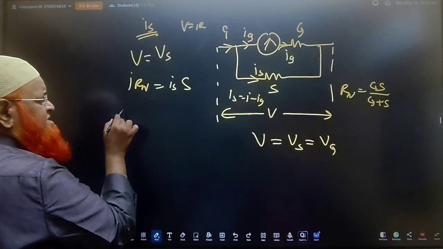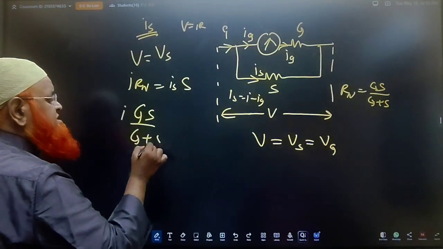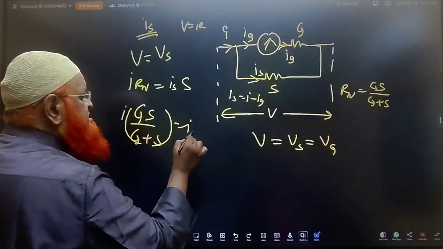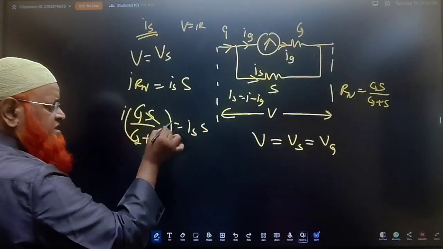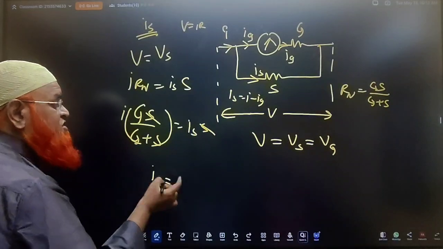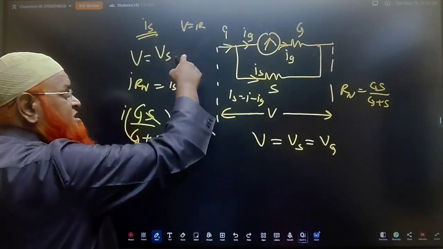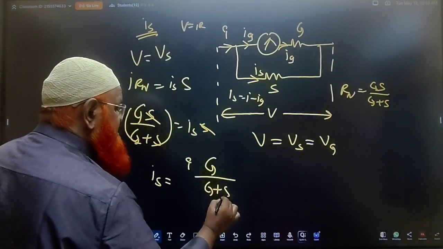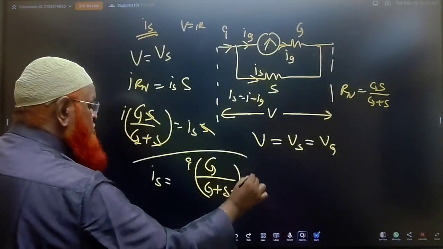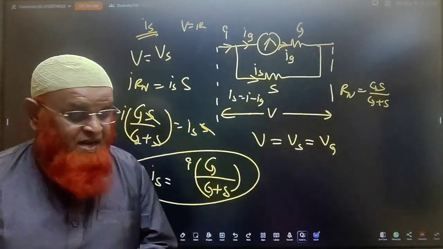So I into R net is nothing but GS by G plus S, which is nothing but Is into S. So S gets cancelled. So if you want to find out the current passing through the shunt resistance, the simple formula is: you should know the total current and the galvanometer current, G plus S. Okay. So this is the formula to find out the shunt current across the shunt resistance. So simple it is. Next.